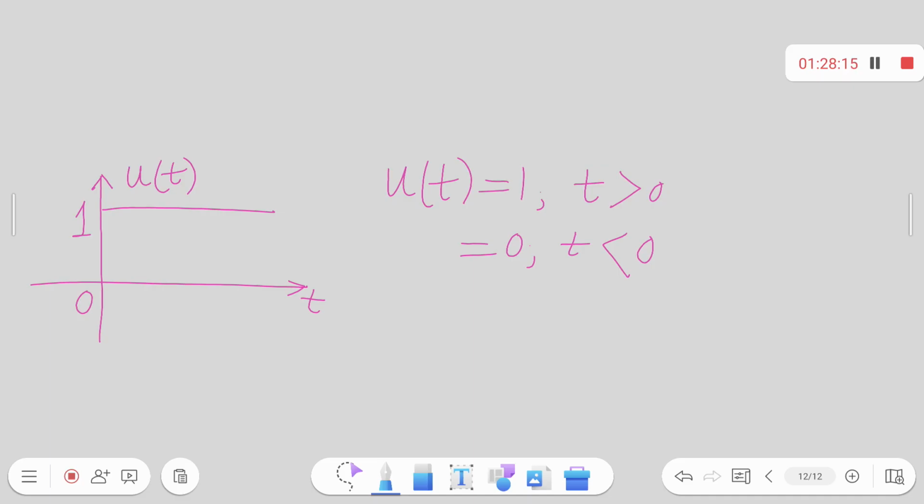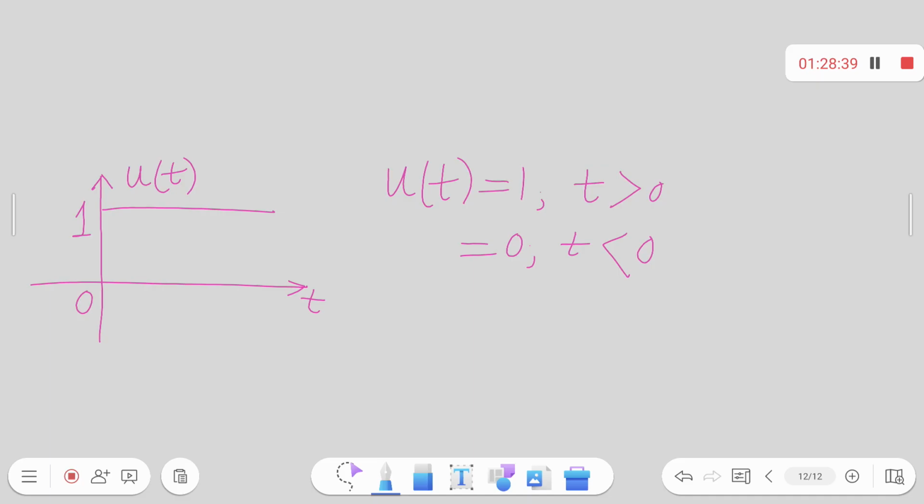Suppose in your circuit you attach a battery at t equal to 0. A battery means a constant voltage: 5 volt, 9 volt, 12 volt battery, a constant signal. So at t equal to 0 there is a rise, and after that it is constant. This is known as a step signal, right? For t less than 0 it is 0, for t greater than 0 it is 1.